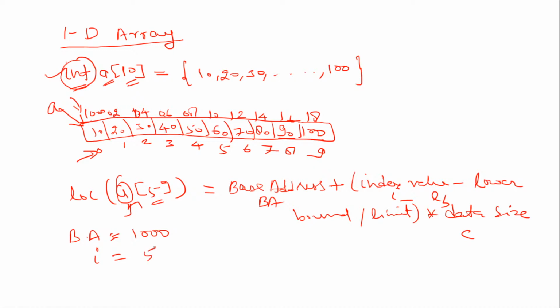Lower bound and upper bound limit of this array, right? So lower bound is 0, and this is the base address, right? And C, data type size, is of integer type, so it would be 2. Now find LOC A5.